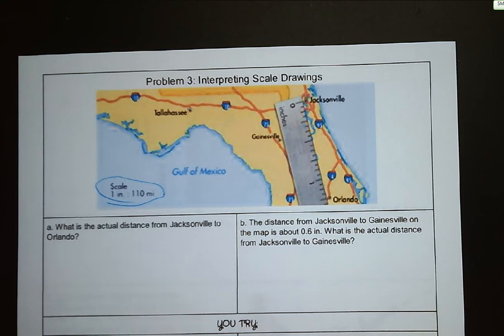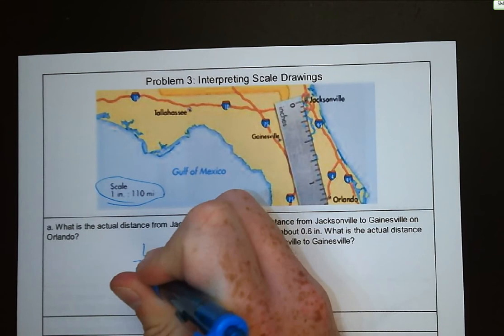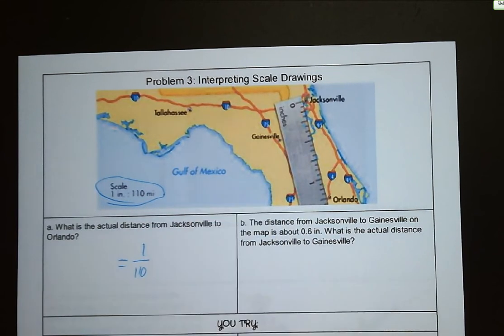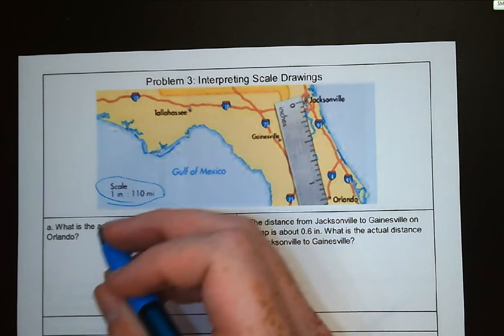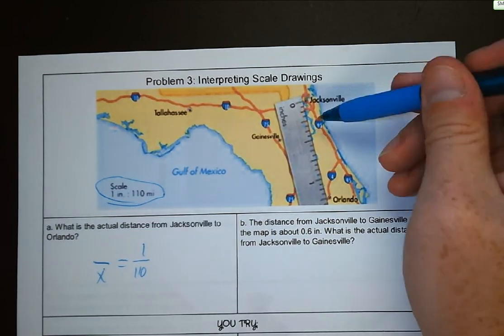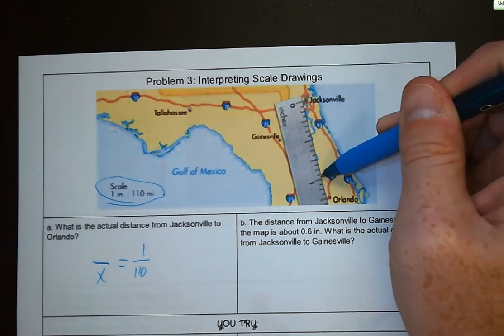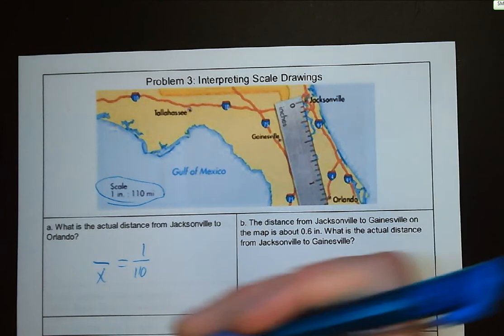The first thing I need to do is I'm going to set up my ratio that I already know, which is 1/110. And we're going to set that equal to, well, we don't know its actual mileage, so we're going to put x in the denominator there. And as we look at this ruler, we have quarter, half, 3/4, 1 inch, 1.25 inches.